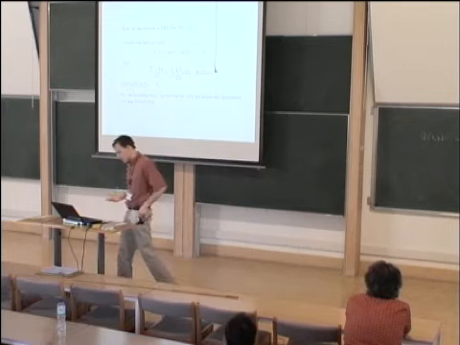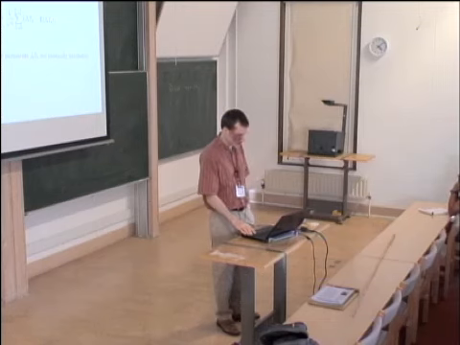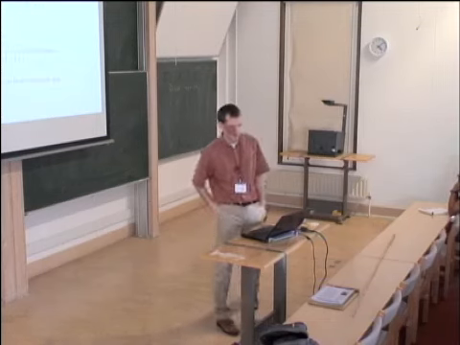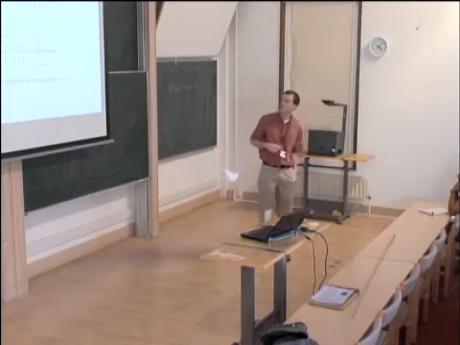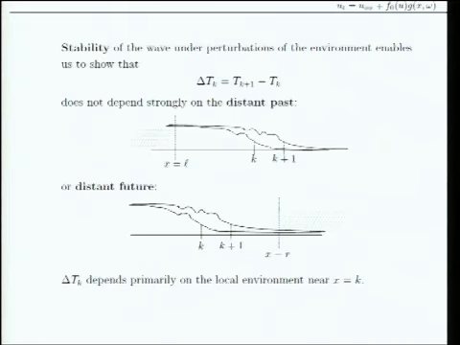Well, here is where the stability of the wave is useful in analysis. Consider this increment, the time it takes to go from k to k plus 1. What we can show using the stability of the solution to the equation is that the increment depends primarily on the local environment.